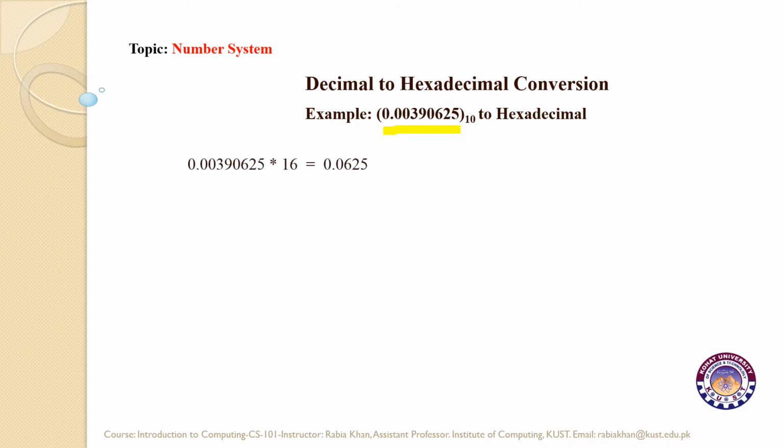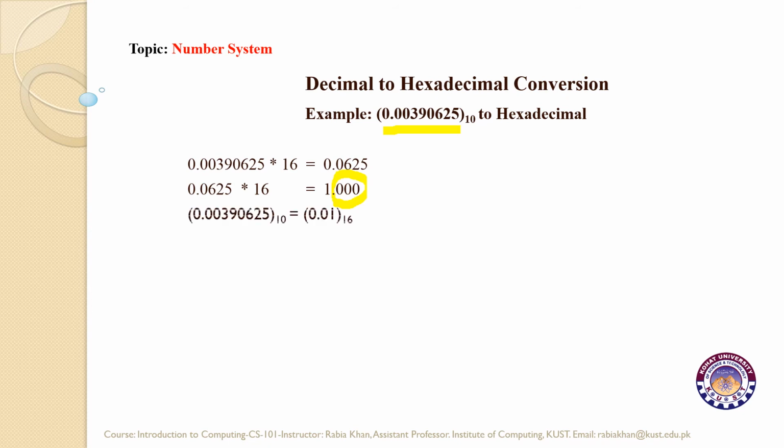Let's proceed. So this number is multiplied by 16 and we get the answer as 0.0625. The fractional part is again multiplied by 16. The result is 1.000. Here you can see the fractional part comes to 0 and we stop our multiplication here.